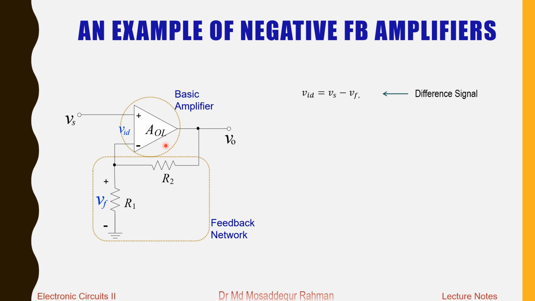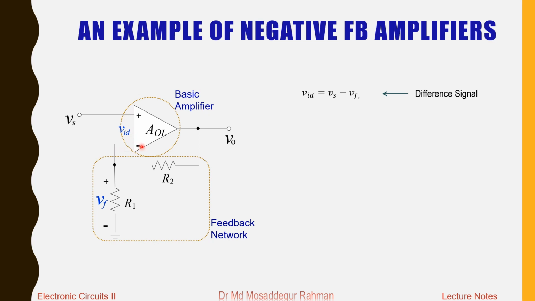One important component of any feedback amplifier is a mixer at the input side, a mechanism that will mix the signal voltage with the feedback voltage. For a negative feedback amplifier, the feedback voltage should be subtracted from the signal voltage, and the op-amp is designed so that it takes the difference between the two inputs.